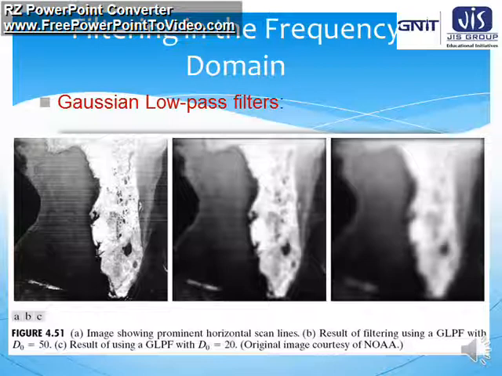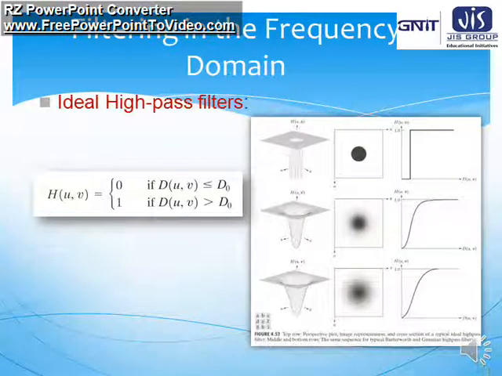This is another example of the filtering in the frequency domain technique. Moving forward to the next slide, this is the ideal high pass filter. The formula is given here and the corresponding output is also given.